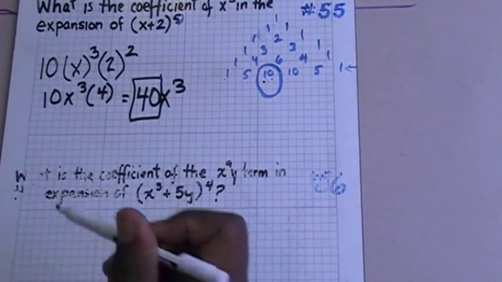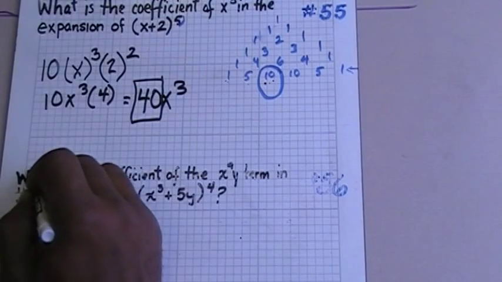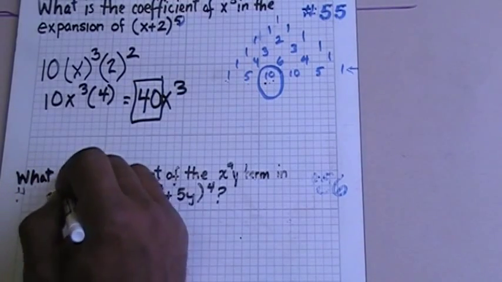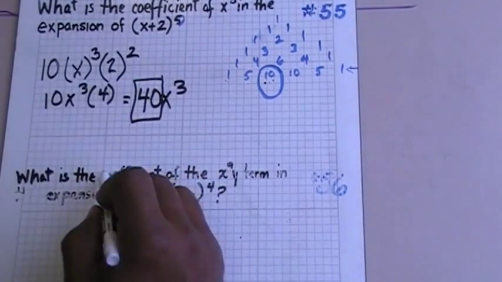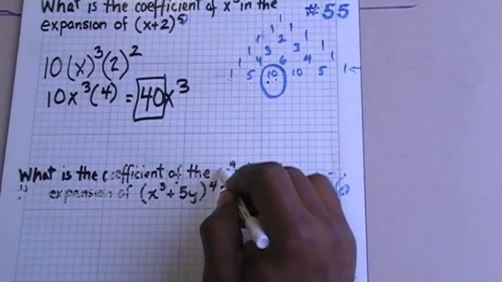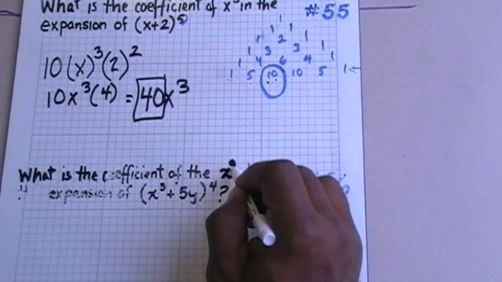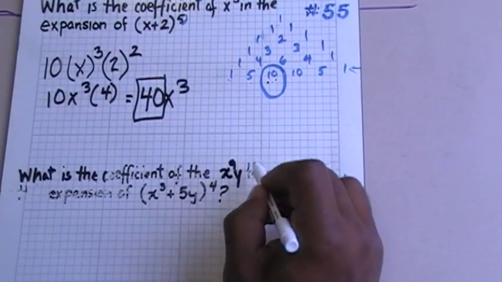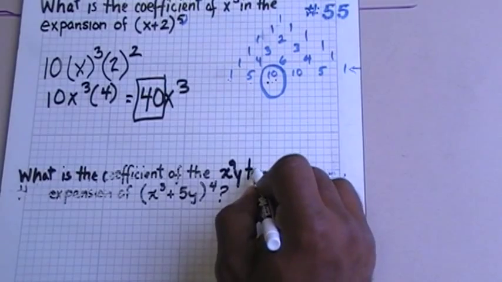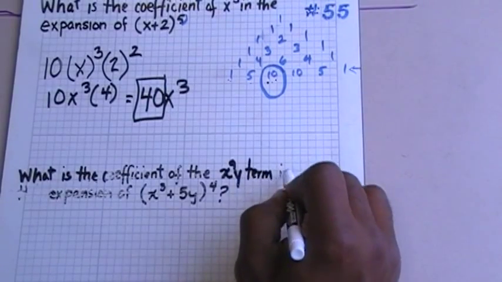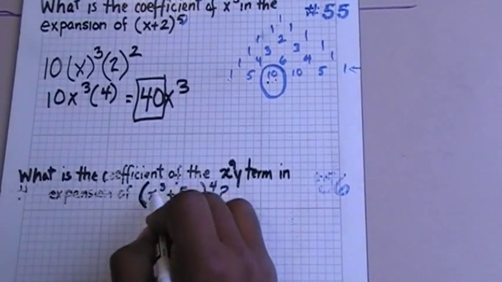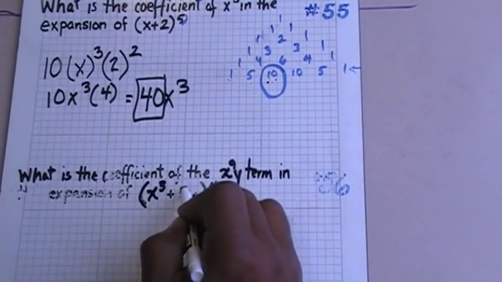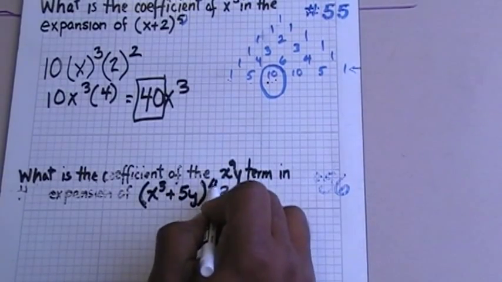40. Now that I erased this last problem, this is a similar problem but a little more difficult: the coefficient of the x to the 9th y term in the expansion of (x cubed + 5y) to the 4th.